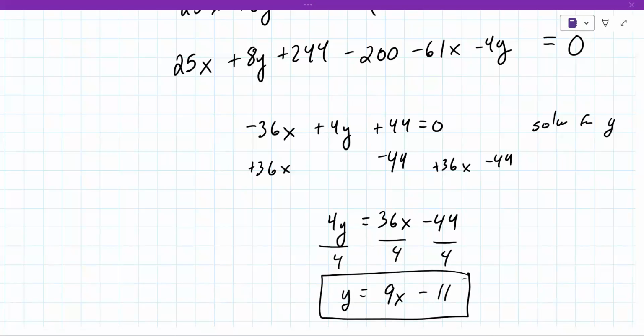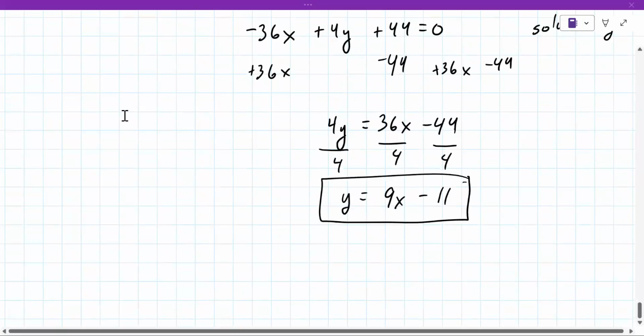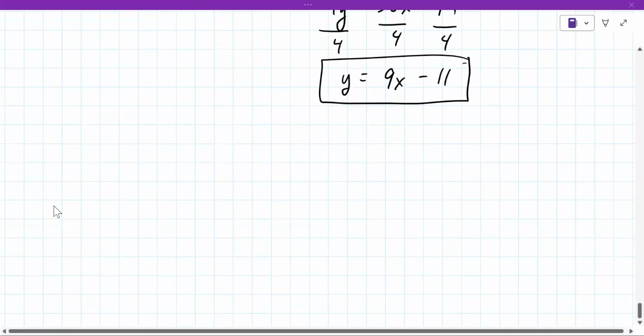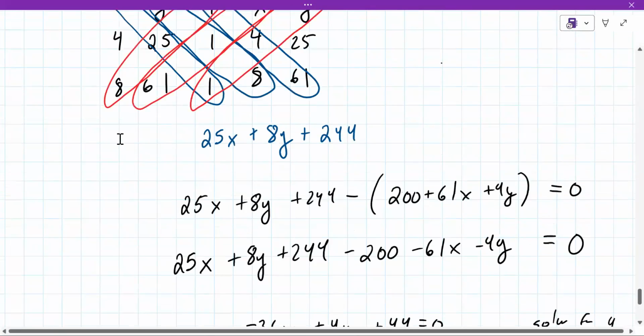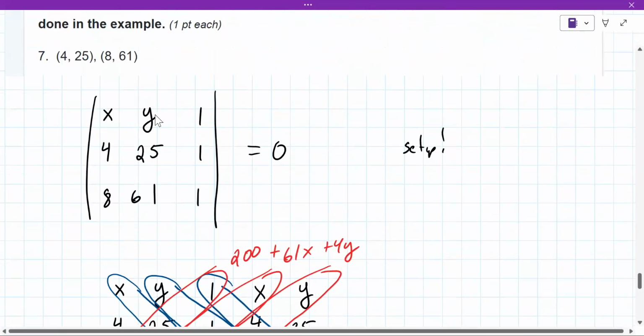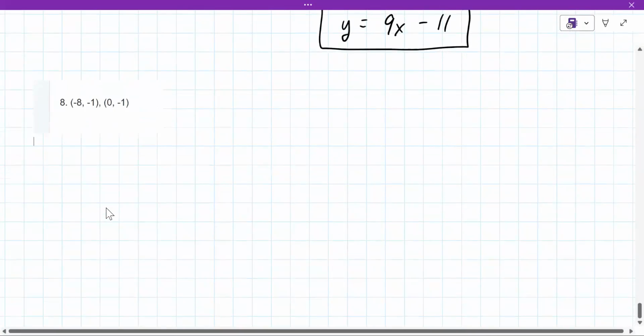Good news is you get to do another one, number 8. So it's rinse and repeat here. Notice that you write X, Y at the top and then the 2 ordered pairs. So we're gonna do the same thing here. We're gonna write X, Y, -8, -1, 0, -1, and then 1, 1, 1, like that.